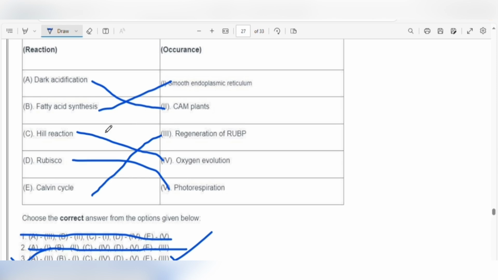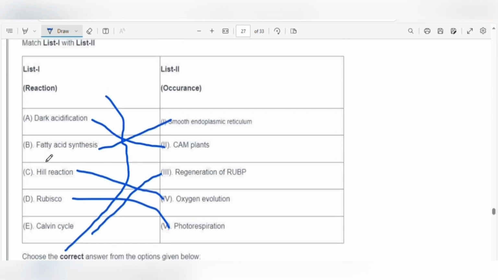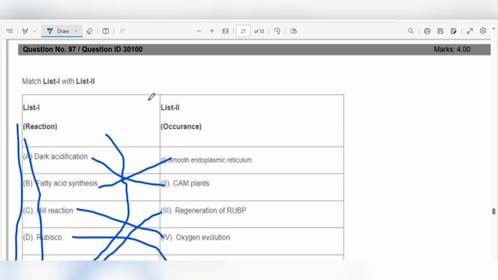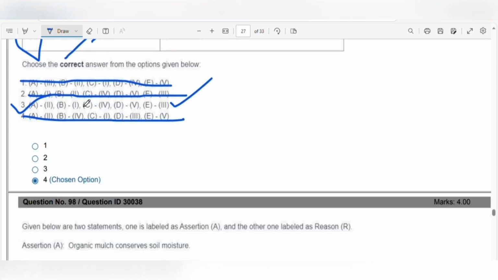You can read few lines from any general agriculture book about all these that are listed in the list one, because there might be a question, you never know, that might come in this year's JRF from any of these 5 options. So it would be better if you have a clear understanding of the basics. And let's move on to the next question. The correct answer is option 3 for this one.